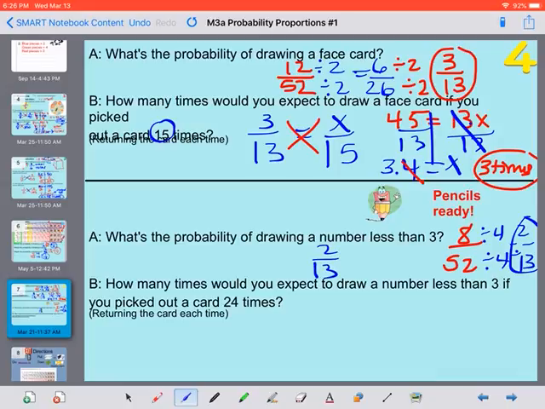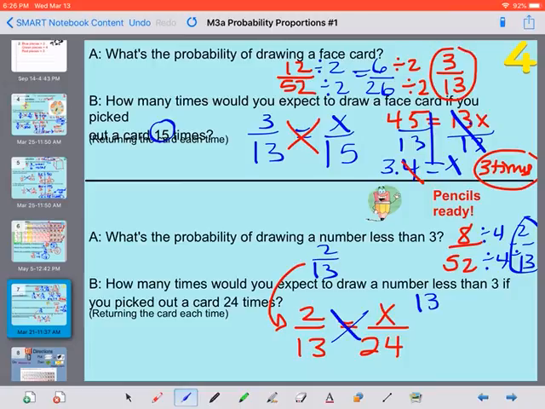Think back to just one suit. So how many times would you expect to draw a number less than 3 if you picked out a card 24 times? So same probability, but if we did this experiment 24 times, how many should be a number less than 3? 13 times x is 13x. 24 times 2 is 48.